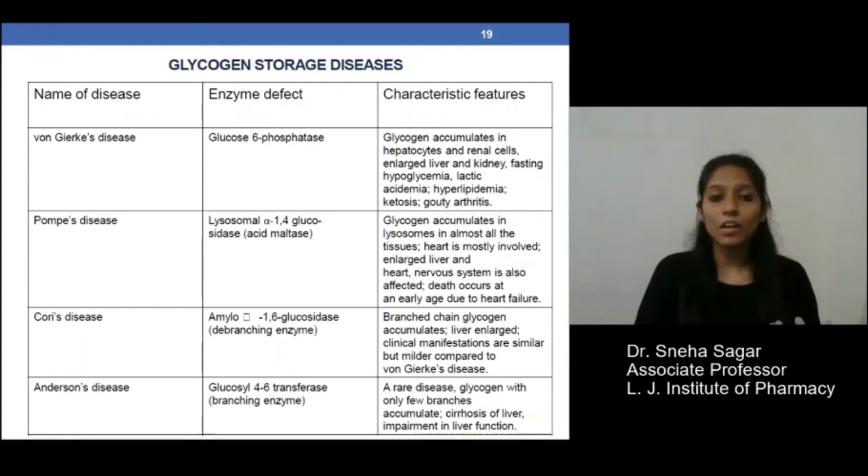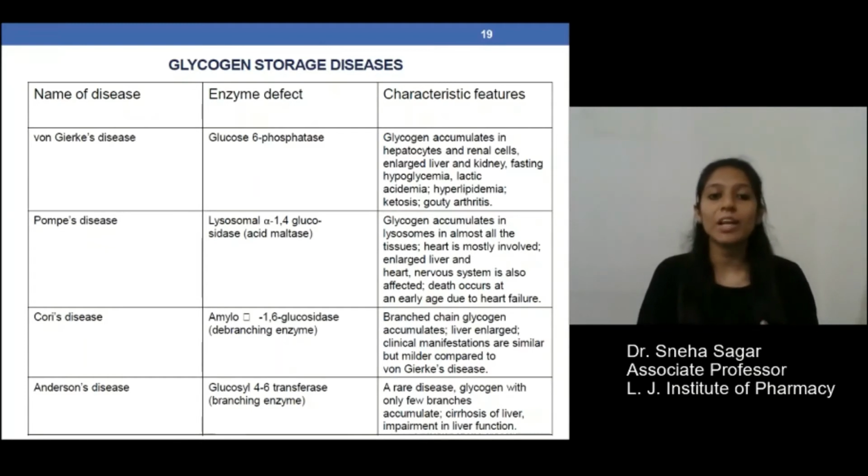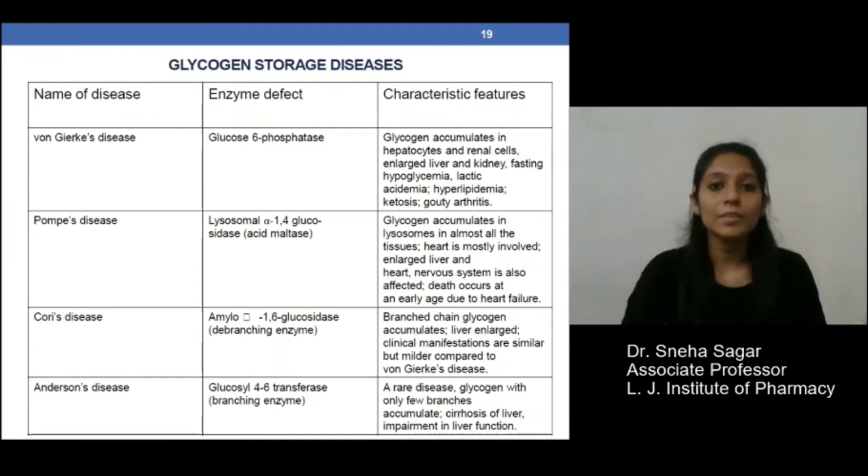It occurs because of alpha 1,4 glucosidase defects. Cori's disease is responsible for defects in the amylo 1,6 glucosidase enzyme, and Andersen disease is basically a defect in the branching enzyme, that is glycosyl 4,6 transferase enzyme. These are all rare diseases.